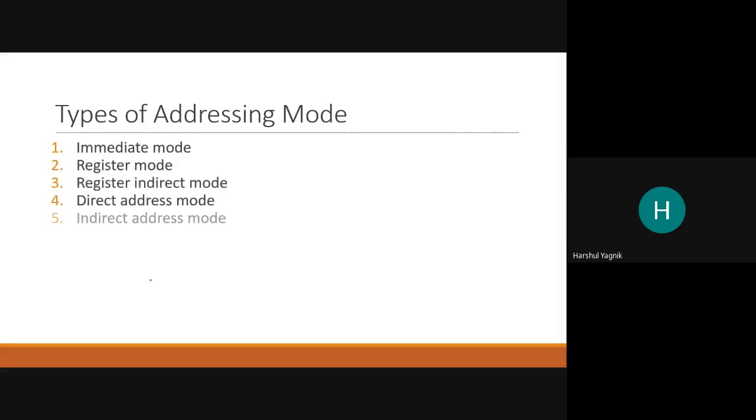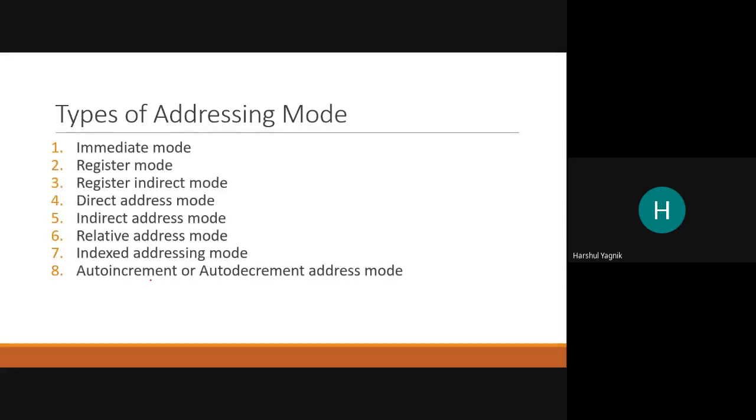What are the different addressing modes? So far in our laboratory, we have seen only 3, right? Immediate addressing, direct addressing, indirect addressing. Overall, for any computer in the world, these are the possible addressing modes.